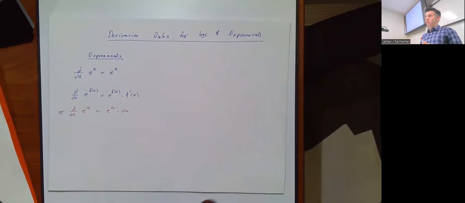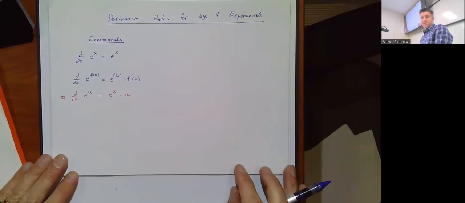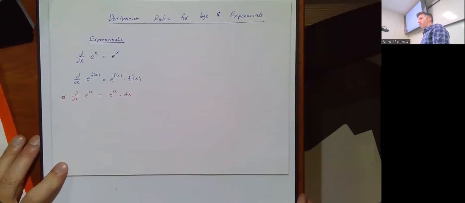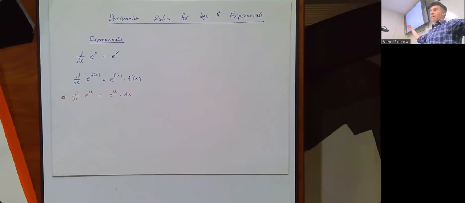You might see it in your book at some point, but I don't usually like to write it that way. I like to write f of x, or really I like to write the word stuff, as you guys have seen.